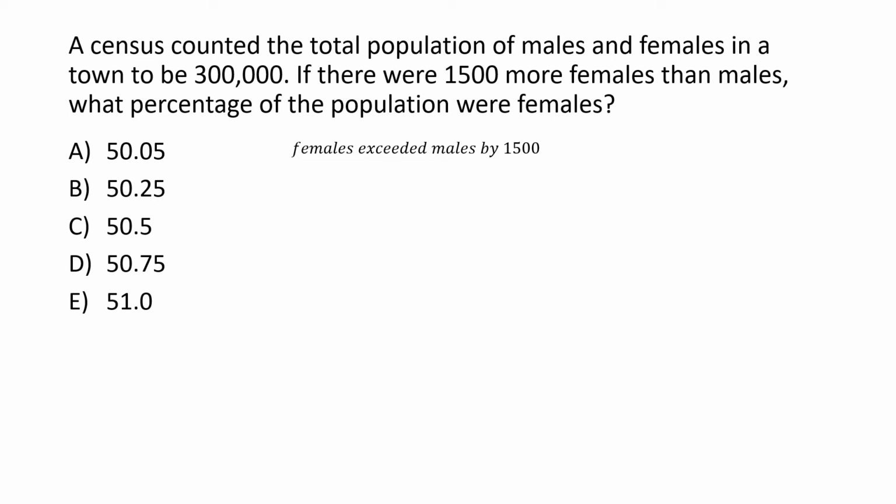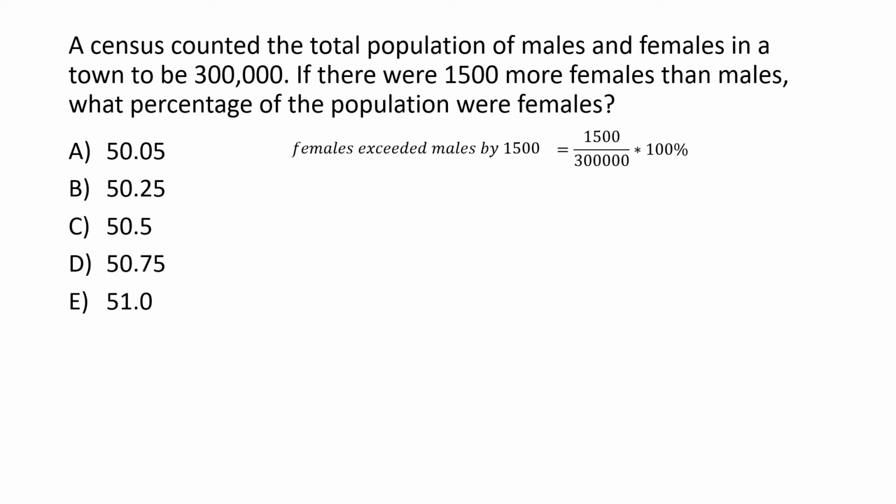We know the total population is 300,000. So if we express 1,500 as a percentage of the total population, that would be simply 1,500 divided by 300,000 multiplied by 100. Again, the numbers here are large, but they are way easier from the perspective of doing the math because there are a lot of zeros.